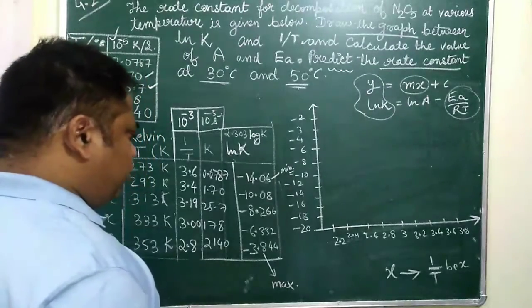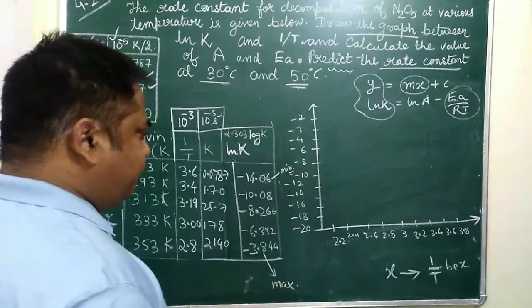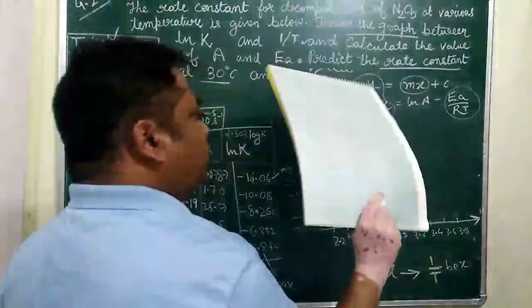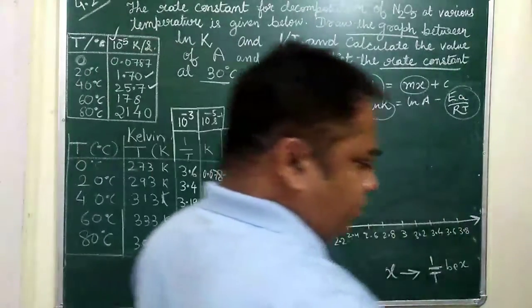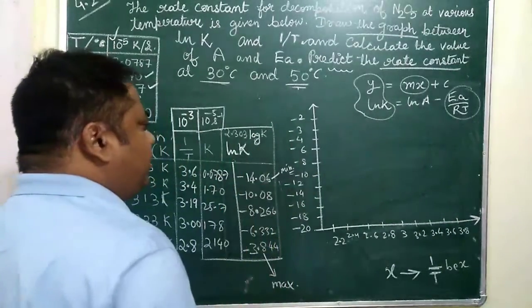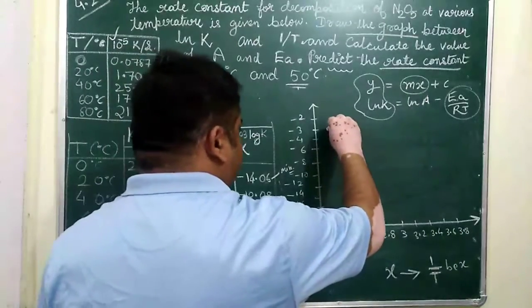Now if we try to plot this curve, the plot will be like this somewhere. If you use a graph paper like this over here, then you will be able to relate these values very clearly and you will get a negative slope like this.